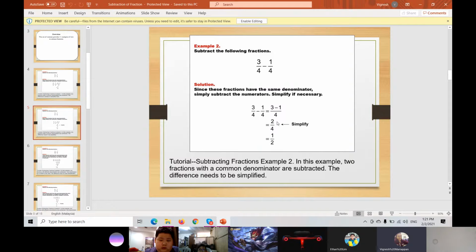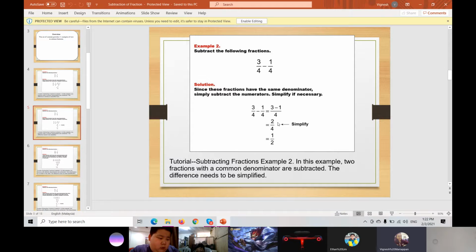Can we divide 2 by 2? Yes, it can. If 2 divide 2, what is your answer? 1. So teacher said if the numerator divides by 2, the denominator also has to divide by the same number, correct?